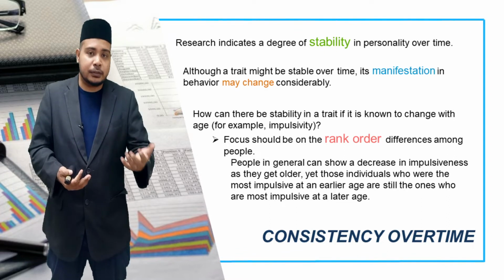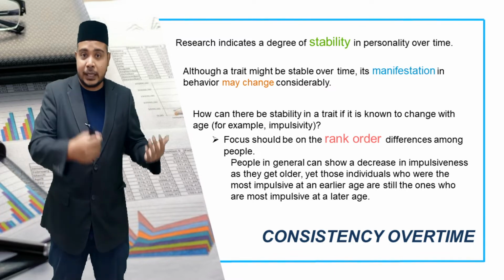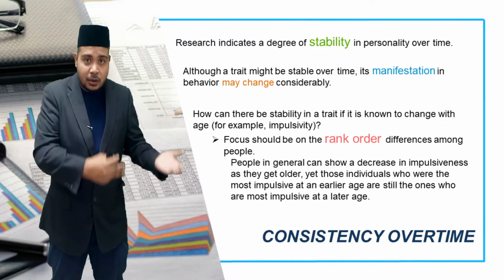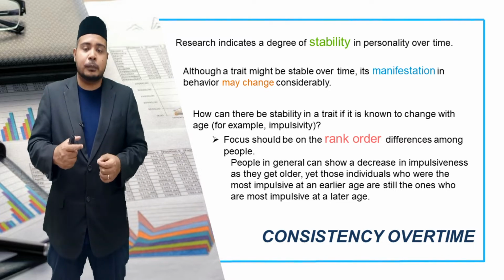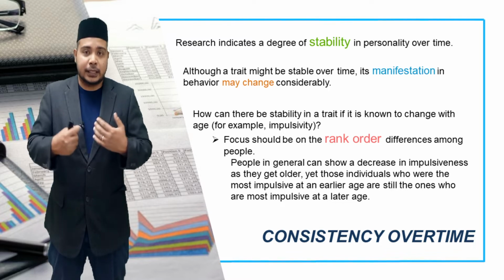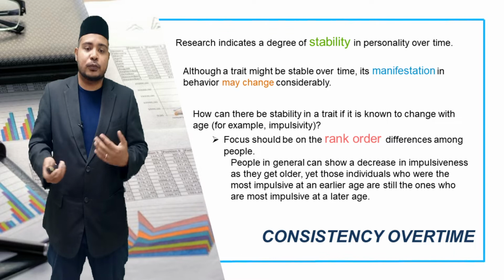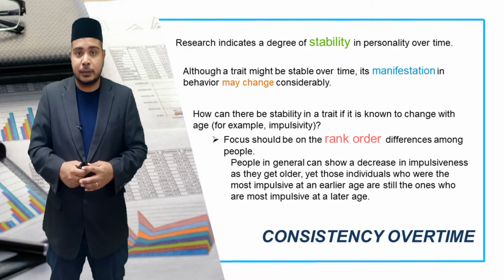For example, given in your textbook is impulsivity. According to personality trait psychologists, it's not about how much our temperament or tendency is in that sense, but the focus is to compare with other people.